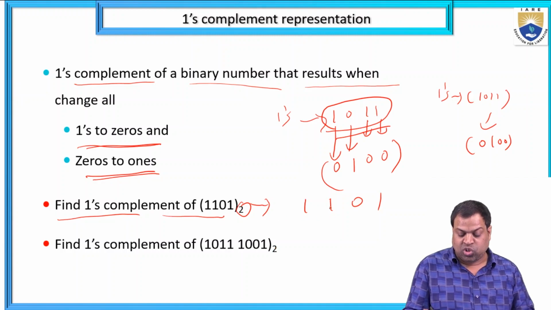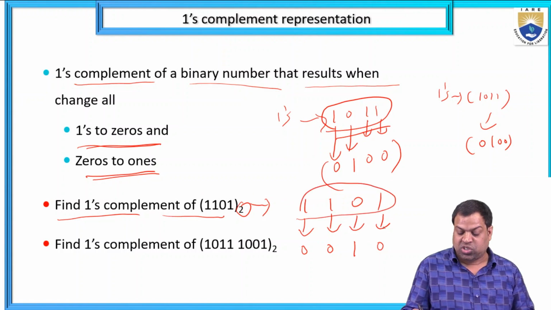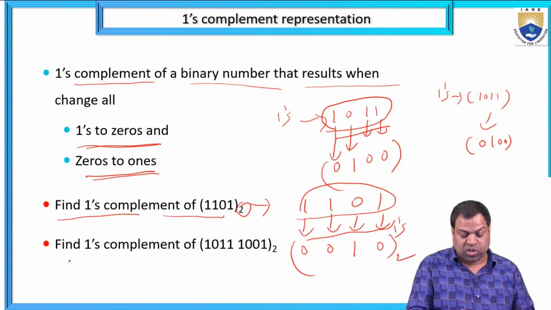So for the binary number 1101, in place of 1 we take 0, in place of 0 we take 1. So the 1's complement of 1101 is 0010 base 2.